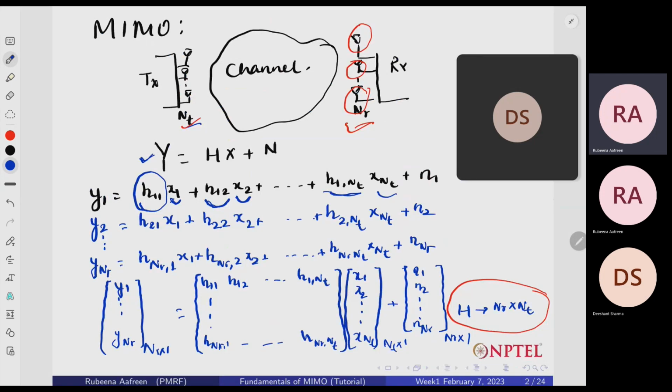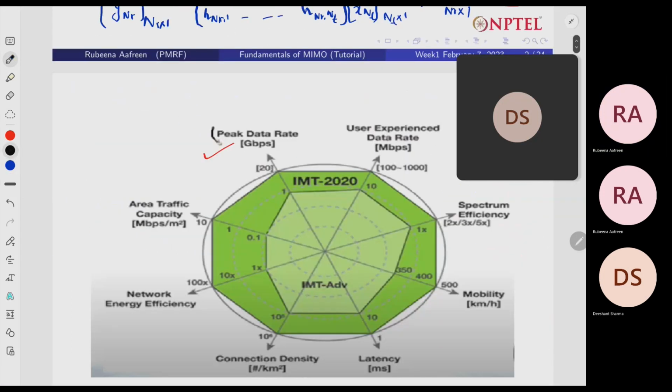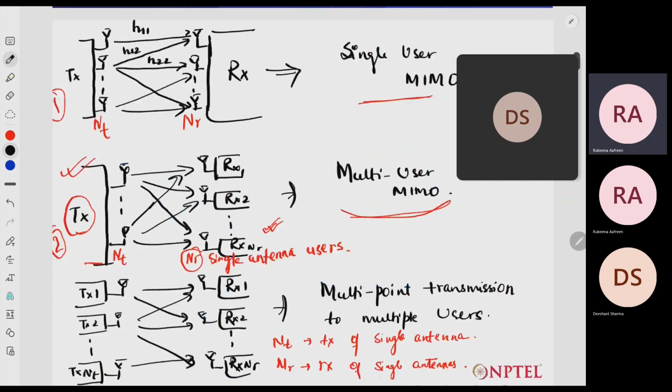Here, the signal at any of the receivers is the sum of the signals from all the transmitters multiplied by the respective channel coefficients. So for every MIMO system that has NT transmitters and NR receivers, the channel matrix will have the size of NR cross NT. This is one important takeaway from this lecture. Then we moved on to the types of MIMO.